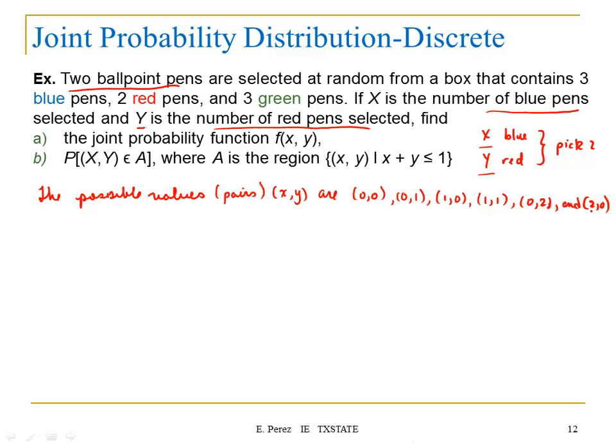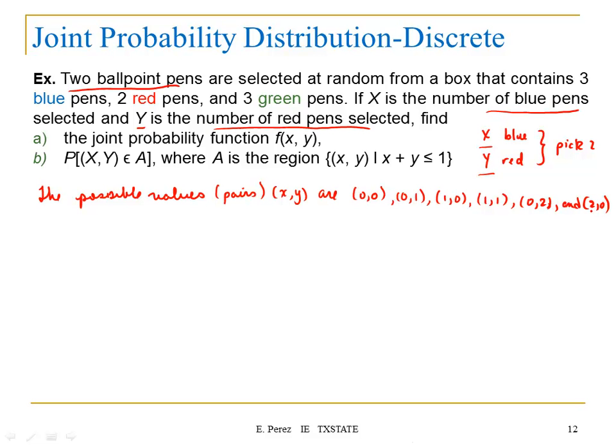And why is that? Because from this experiment you're selecting 2 from this group, and these are the possible outcomes based on your random variables. So you can have 0 blue and 0 red from the group of 2. You can have 0 blue and 1 red.